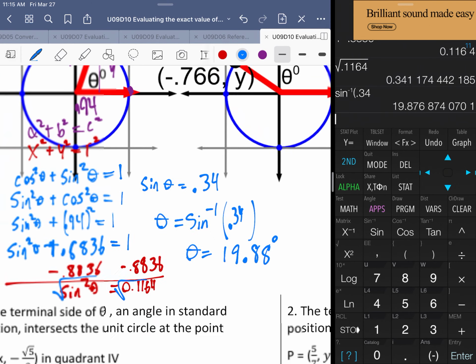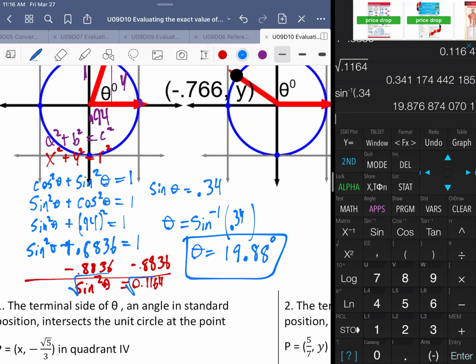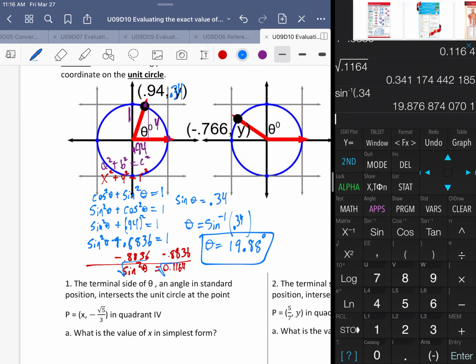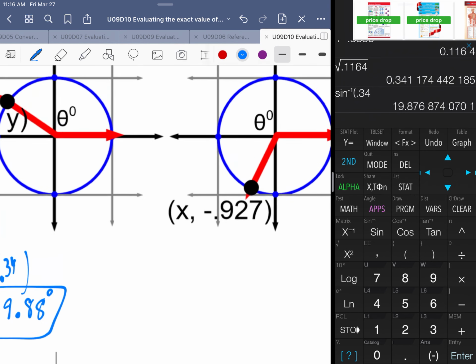Which sounds accurate because when I made this drawing I intended for that to be 20 degrees, but my drawing didn't accurately match up with the problem. But this is how you can find the missing side using the Pythagorean identity as well as finding the angle using sine inverse. You guys are going to try the second one on your own, but I'll go over the third one with you as well.